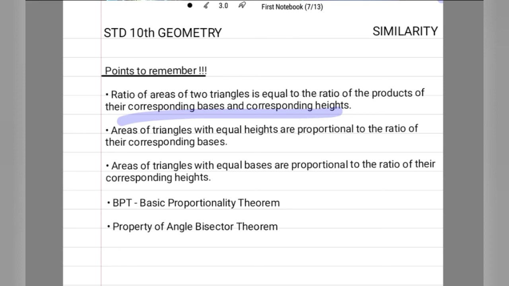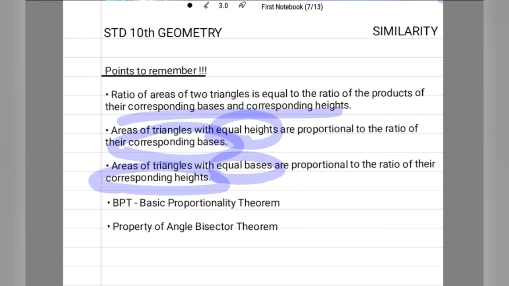The first condition is that the ratio of areas of triangles with equal heights is proportional to the ratio of their corresponding bases. The second condition is that the ratio of areas of triangles with equal bases is proportional to the ratio of their corresponding heights.